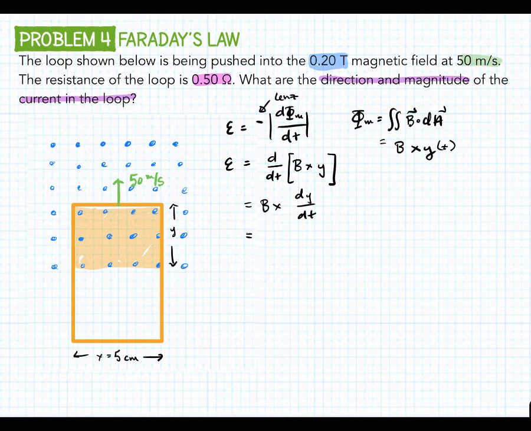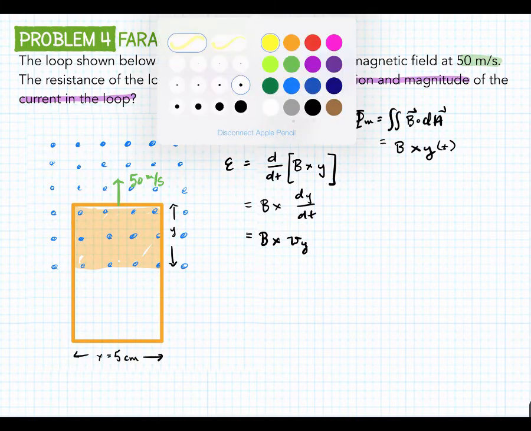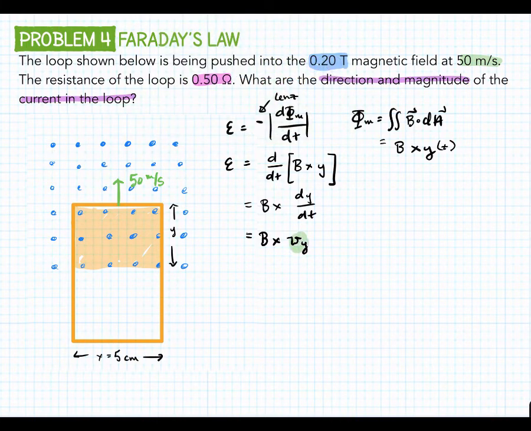Because remember, if you take a time derivative of position, you end up with velocity. So this is the velocity in the y direction. Now, fun fact, we know what the velocity is in the y direction because it's 50 meters per second.